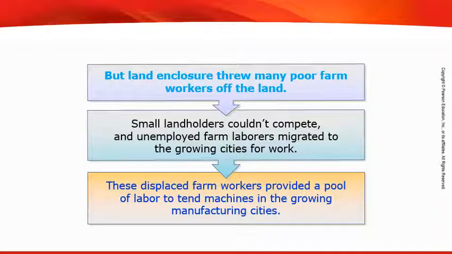Just as I explained in the previous slide, the farm enclosure system threw some of the farmers out of the land, so they had no land of their own. Ultimately, to find some work, to find income, they had to move to the factories and industries in the cities.